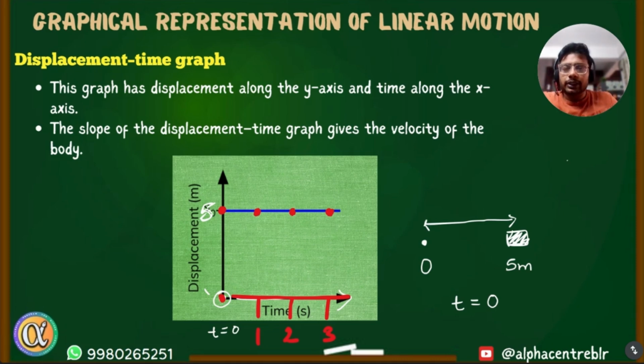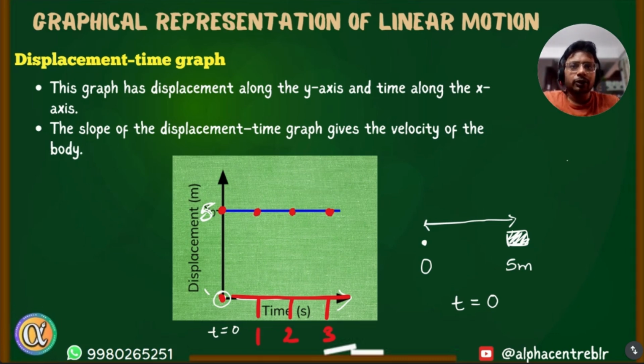So my question to you is, is displacement changing with respect to time? No, right? It's not changing, it's the same. In the beginning of this discussion, I told you displacement means, with respect to an observer, what is its position?